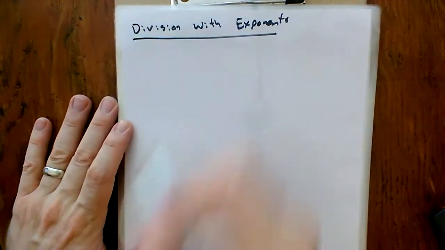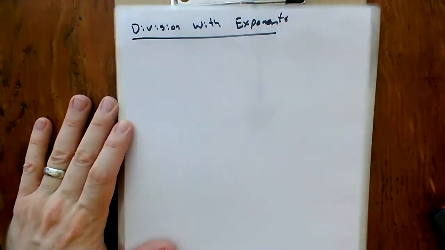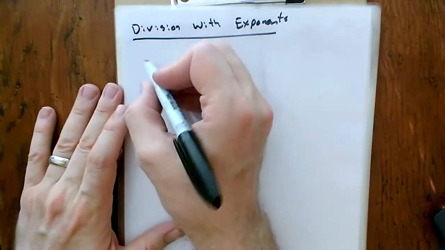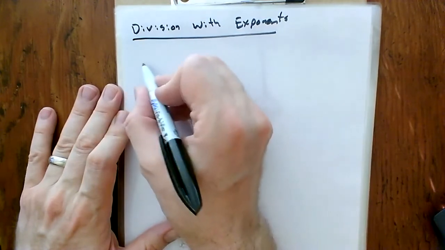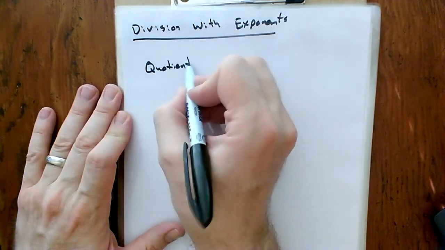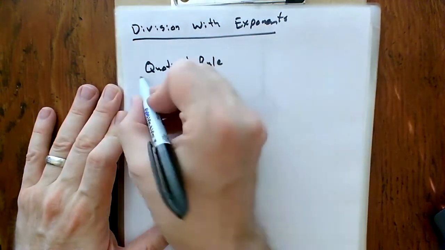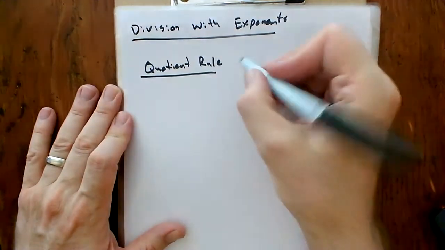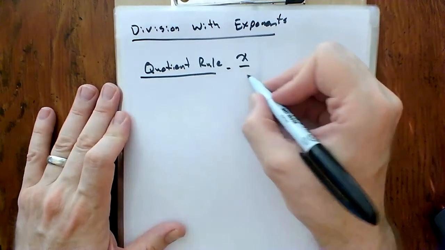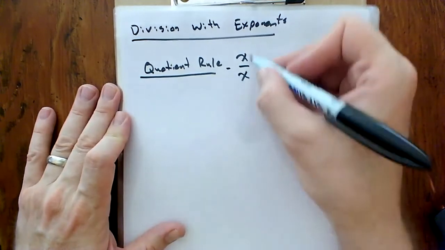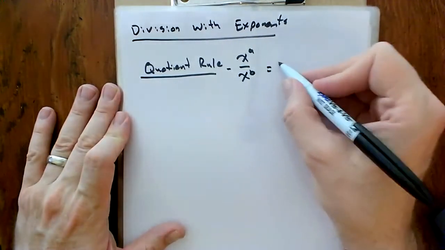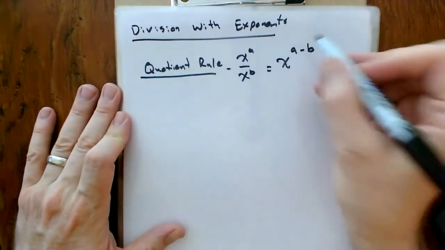So whenever we're dividing terms with exponents, it's important to note that the main rule that we use is something called the quotient rule. And the quotient rule is this. Anytime you're dividing, again, it's got to be the same base, so x to the a over x to the b is going to be x to the a minus b.